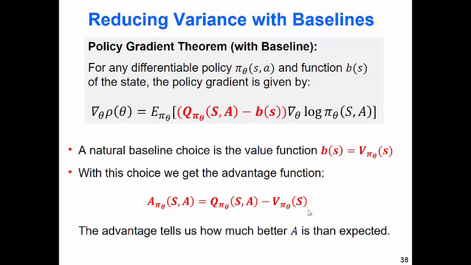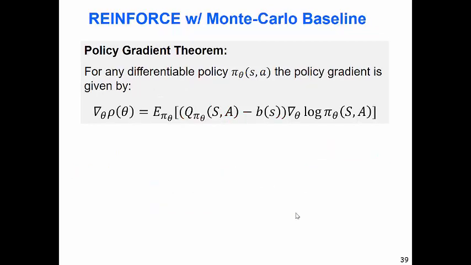But the challenge is we don't actually know V, just like nobody gave us Q. That's not something you can get for free. Maybe it's a little easier than getting Q, because Q has to be defined for all actions, but still, you're not going to have somebody hand that to you like they hand you the policy parameterization.